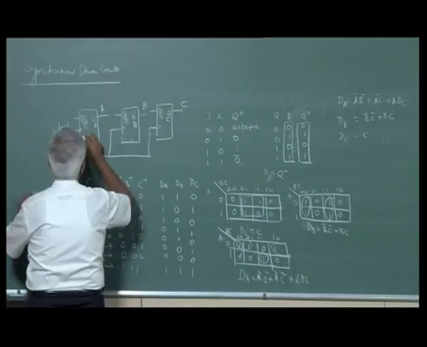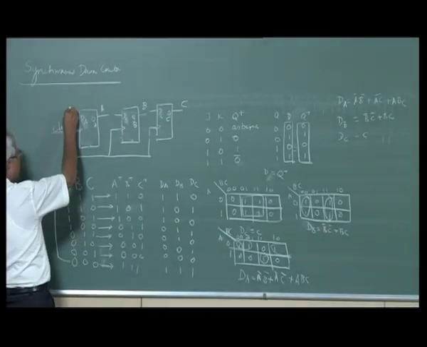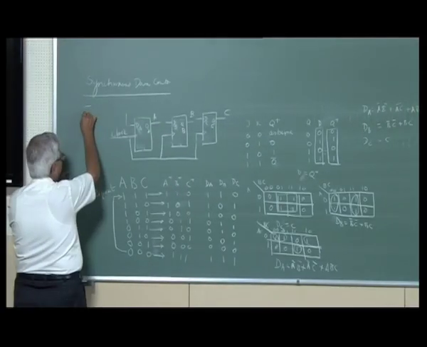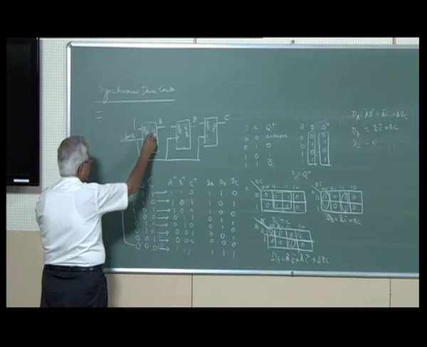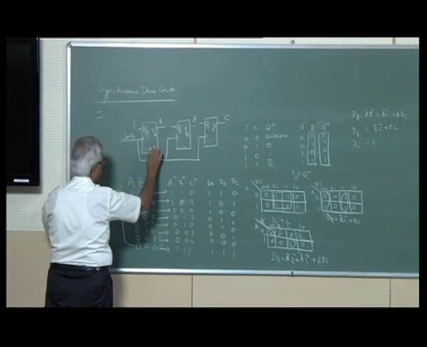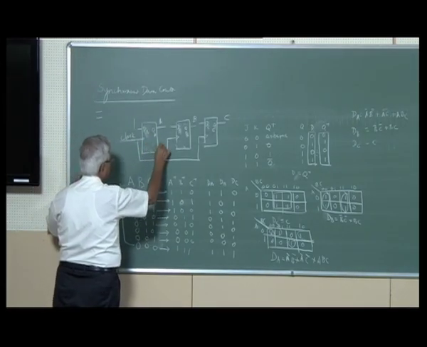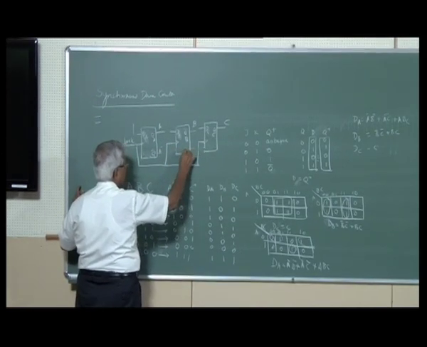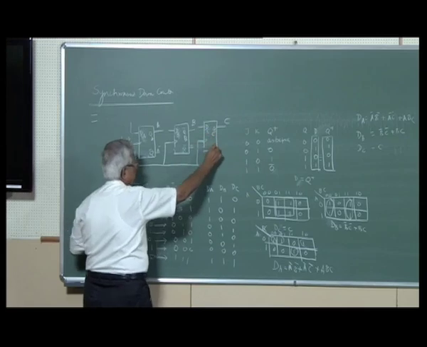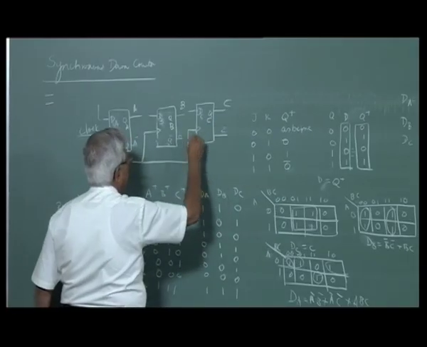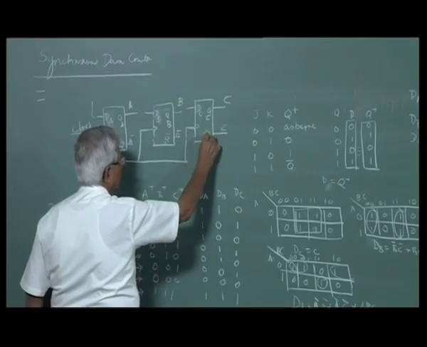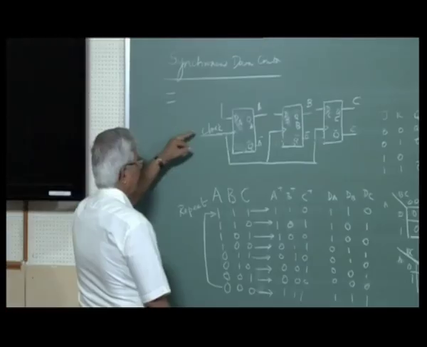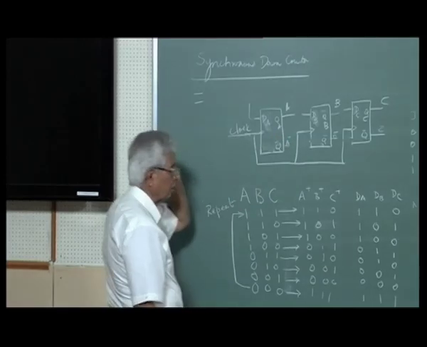I will have to make this DA as that equation. A bar B bar. I don't have to look for A bar because this is A, this is A bar. This is B, this is B bar. This is C, this is C bar. Now, so I have A bar, B bar, C bar available.